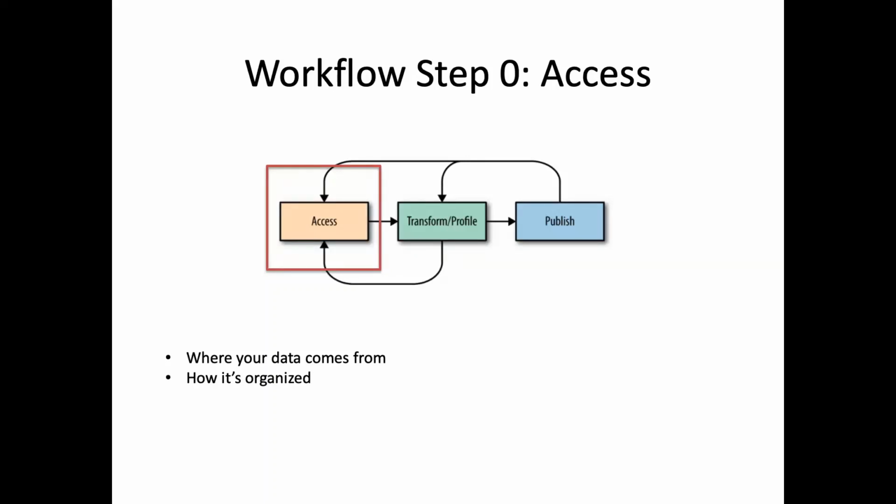So it could be simply someone providing you raw data on a USB drive, downloaded or scraped data from a website, or even something as complex as programmatically or interactively accessing data through an API query. So you're really also thinking about the structural organization of the data and how it's organized on your file system.